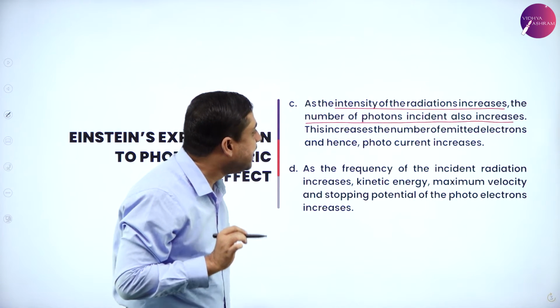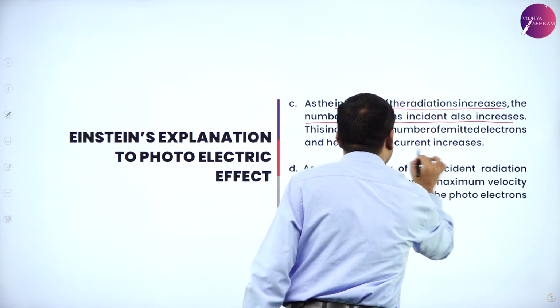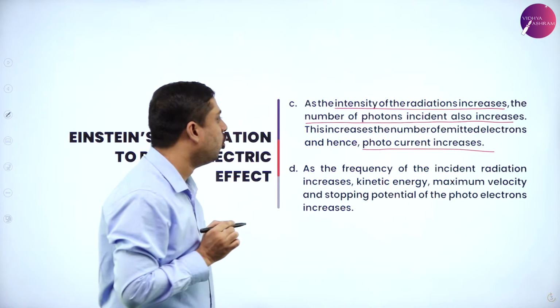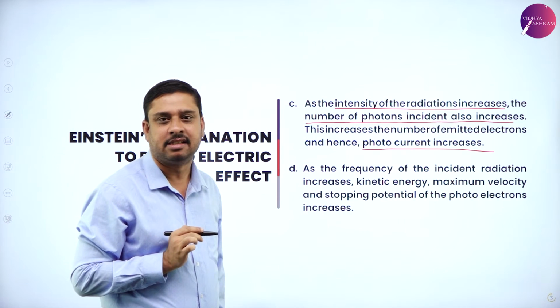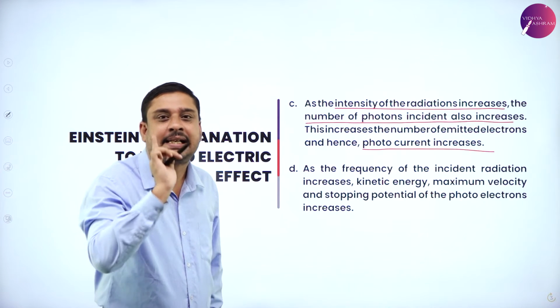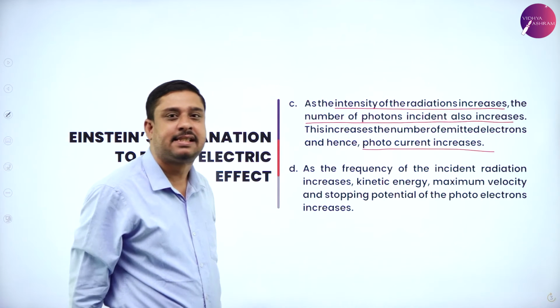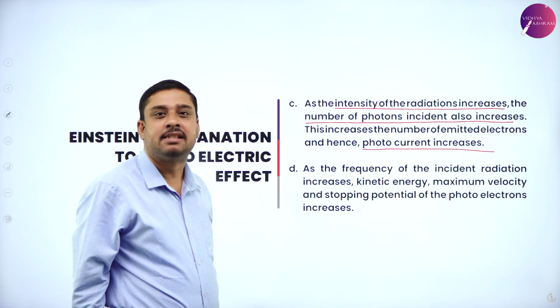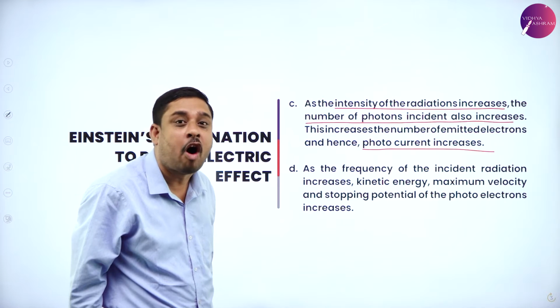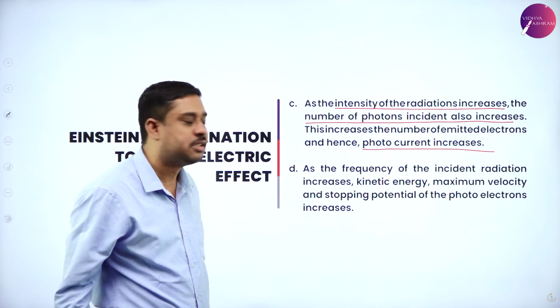This increases the number of emitted electrons and photocurrent increases. So, photoelectric current depends upon intensity and is independent of the frequency of the radiation.